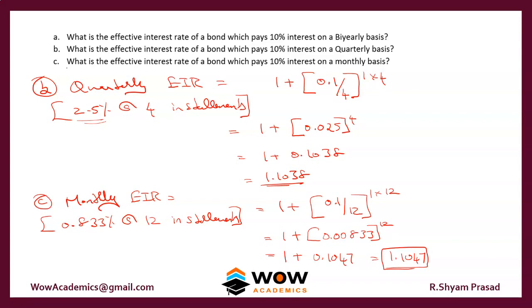And in the last one, with monthly EIR, it goes to 1.1047. So even though it is the same 10% in all the questions, how many times you receive the interest in a year determines how much additional percentage you earn. So that is about the effective interest rate.